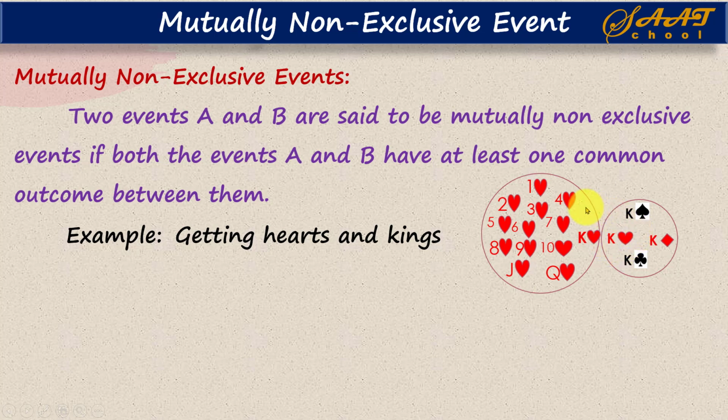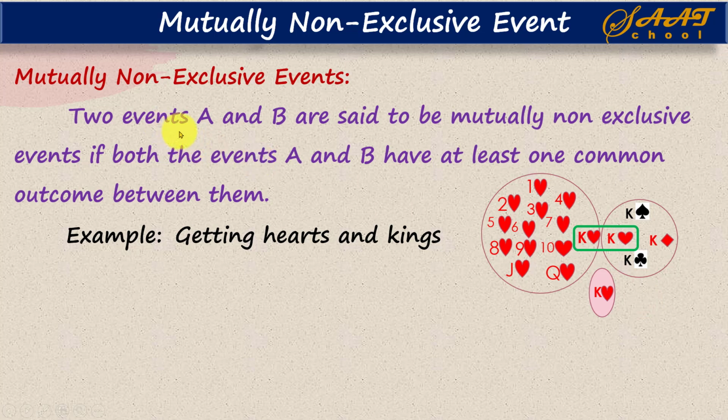So these are two different events, and in these two events there is one common outcome. That's why this is called a mutually non-exclusive event. The common outcome here is the king of hearts, and that's why these two events are mutually non-exclusive.